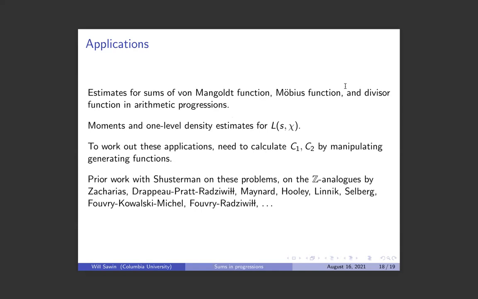And then the main thing to get these estimates is to calculate C1 and C2. What you end up doing is manipulating some generating functions that tell you about the characters of these representations and then taking their derivative. And the manipulations you have to do often correspond to exactly what you would be doing if you were trying to solve the same problem using characters.